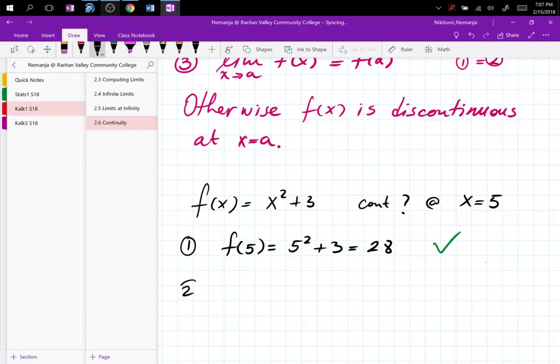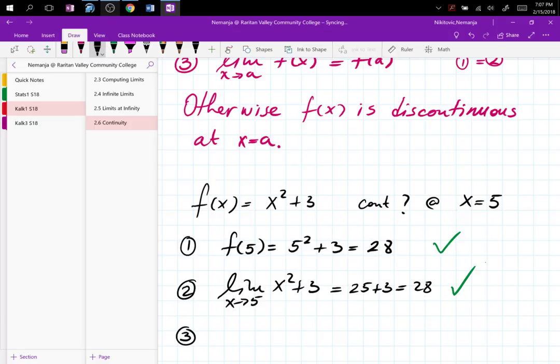Number 2, limit of x squared plus 3 as x goes to 5 must exist. Well, this is one of the functions without zeros in the denominator or anything weird happening. So you can just plug in, nothing weird is happening. You get 28. So that exists and that passes.